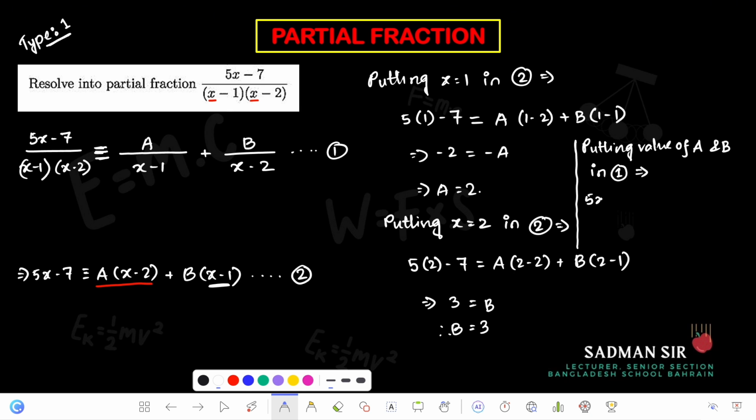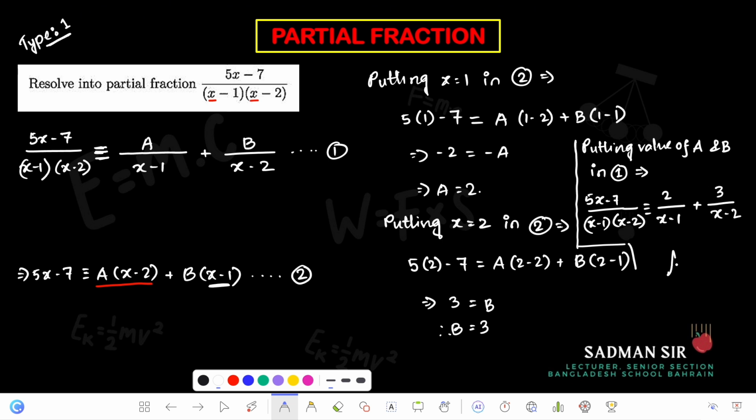It will be 5x minus 7 divided by x minus 1 into x minus 2 equal to a will be replaced by 2. So 2 divided by x minus 1 plus b is 3. So 3 divided by x minus 2. So we have our final answer. We have resolved the given fraction into partial fractions.